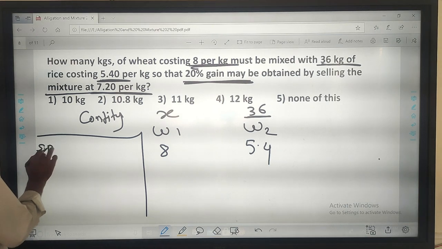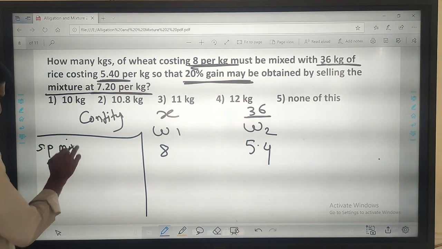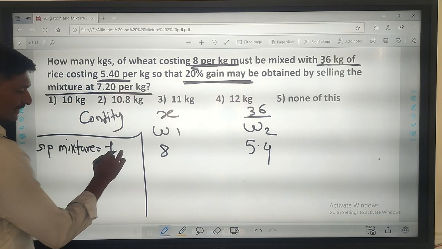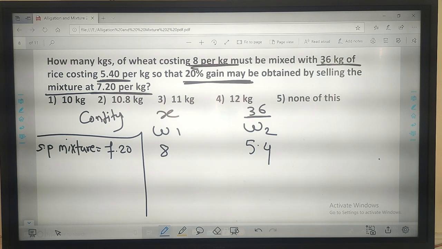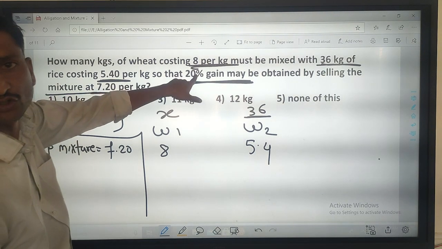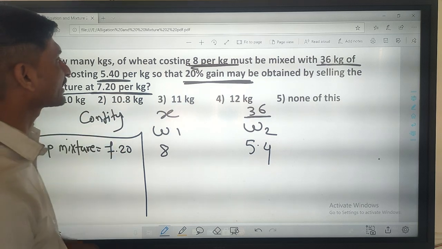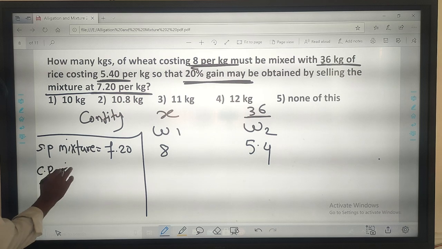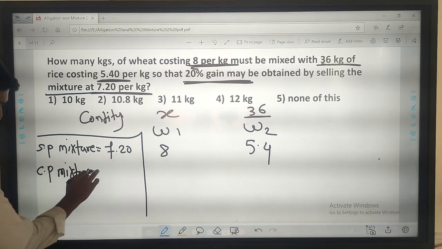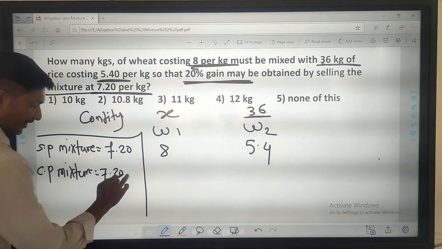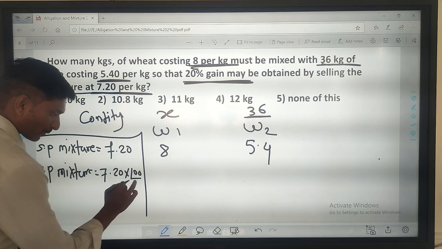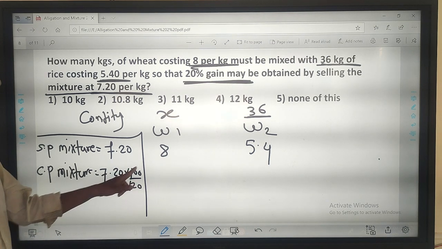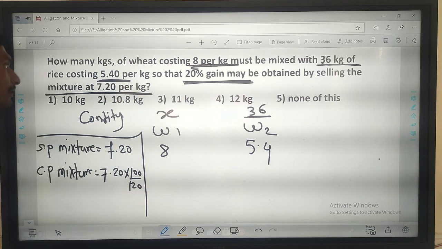The selling price of the mixture is 7.20 rupees per kg. Here the profit is 20%. Then the CP of the mixture is 7.20 into 100 divided by 120.